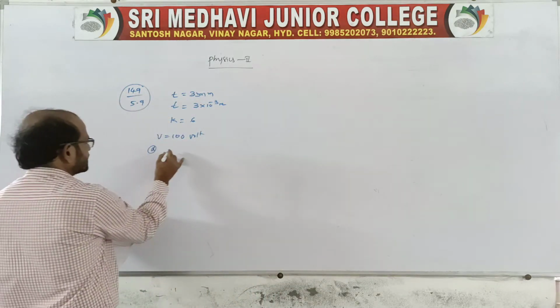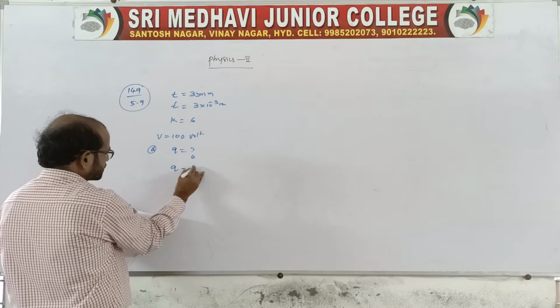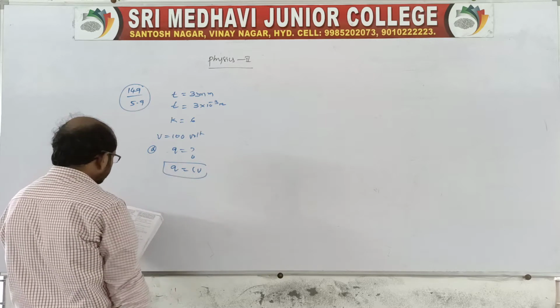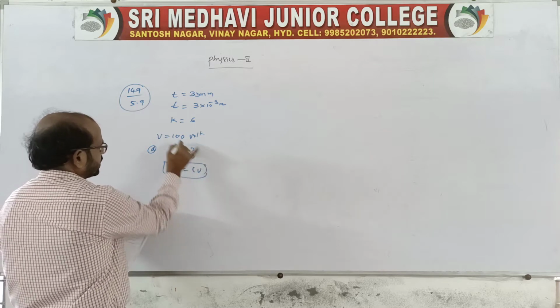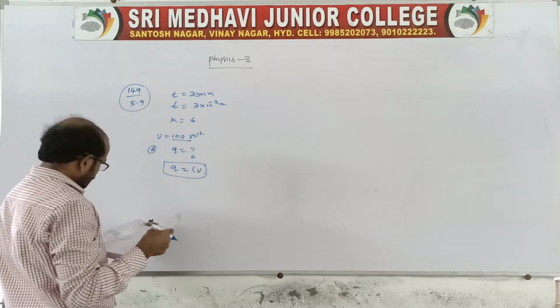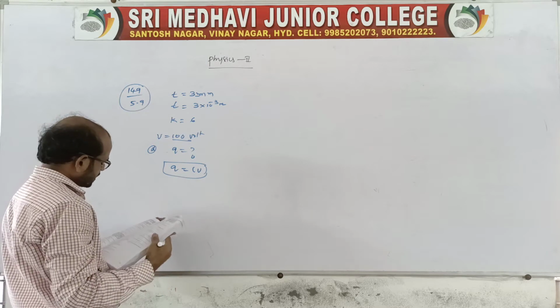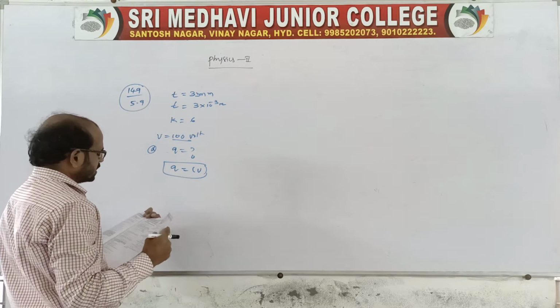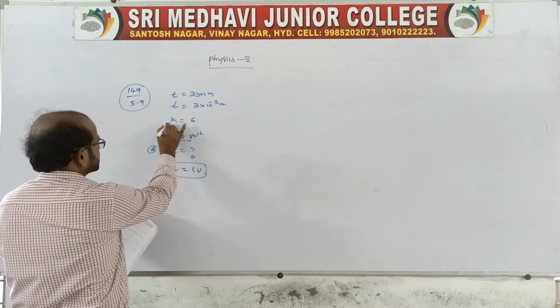Q is equal to C into V. V is 100 volt, as given in the previous problem 5.8. But here a dielectric constant of 6 is introduced.